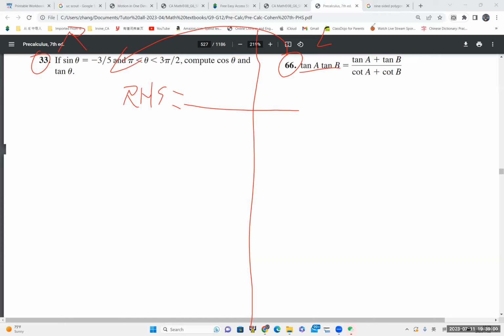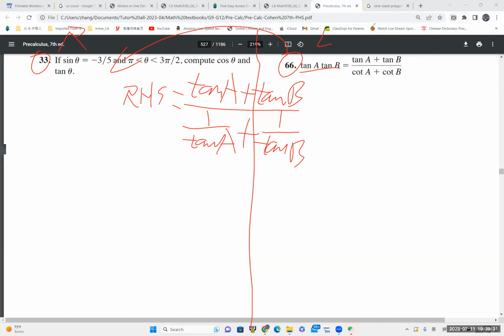So definitely we will convert the cotangent to tangent, right? Here is 1 over tangent A plus 1 over tangent B, right?